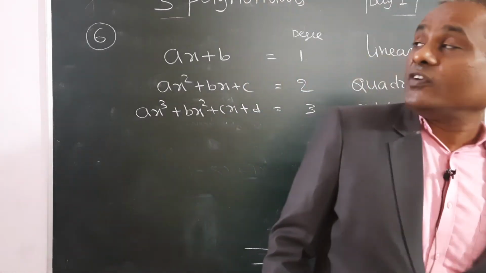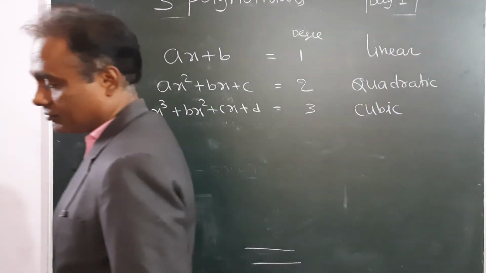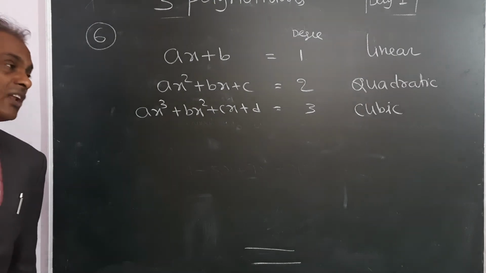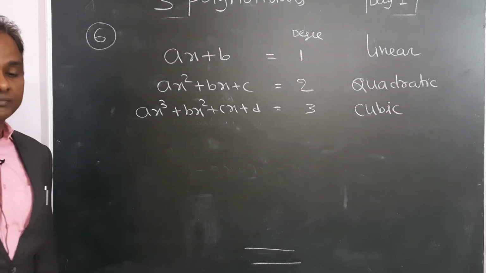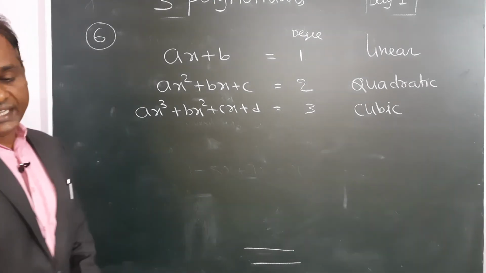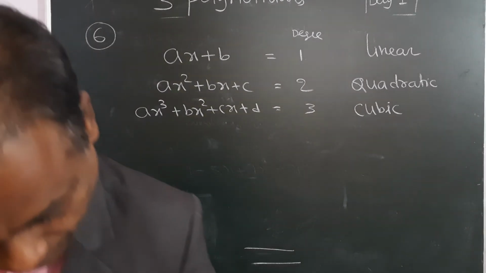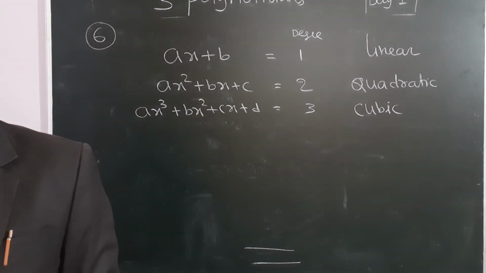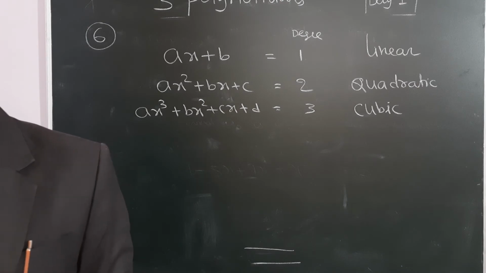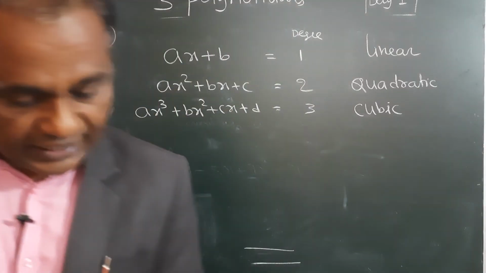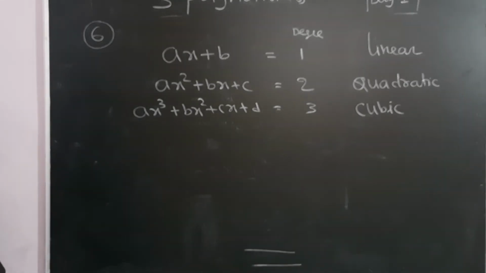Sixth point: if the degree of a polynomial is 1, it is called linear.